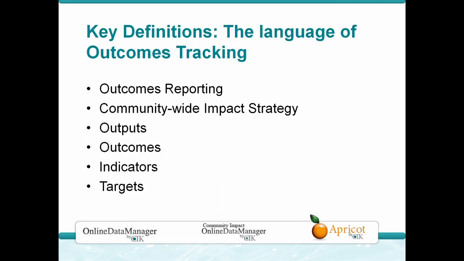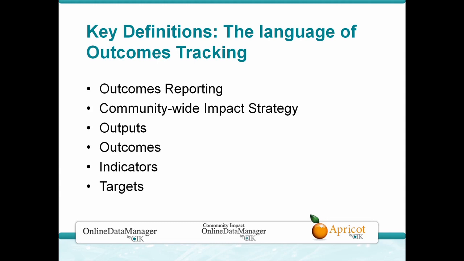So, key definitions. One of the things that I've really found in my years is that part of the reason grantees and agencies and funders at times have problems on outcome tracking is because they don't take the time to have a common language. Because there's a whole host of ways that you can define some of these issues, and different funders look at it different ways, agencies look at it different ways at times.